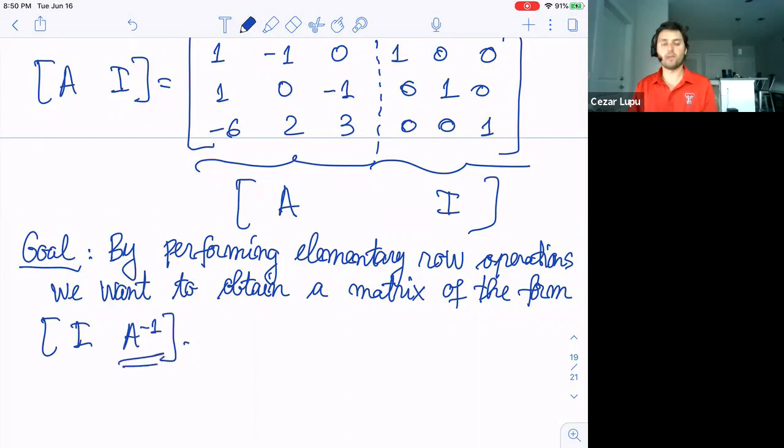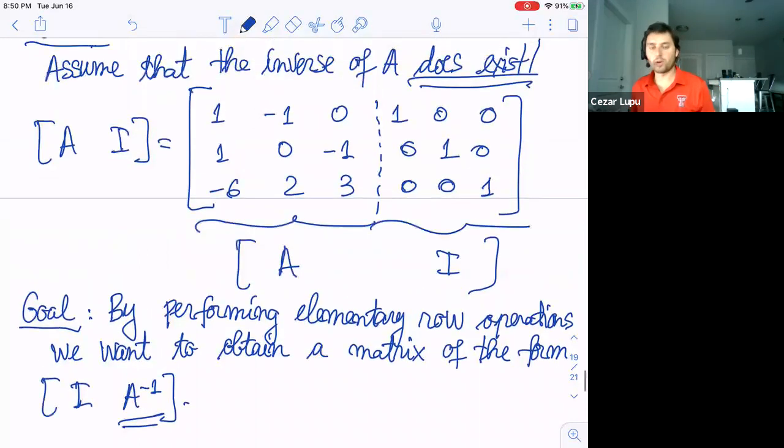So that will be the inverse. Okay, so let's do it. Keep in mind I want to perform the same type of elementary row operations such that I'll have leading ones starting from the left, zeros underneath the leading ones. And once I have this, then I can stop and say that that's the inverse of my matrix.